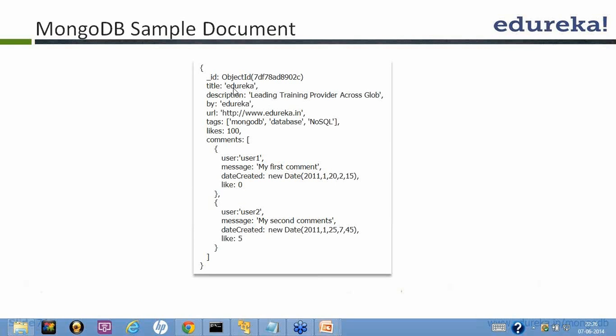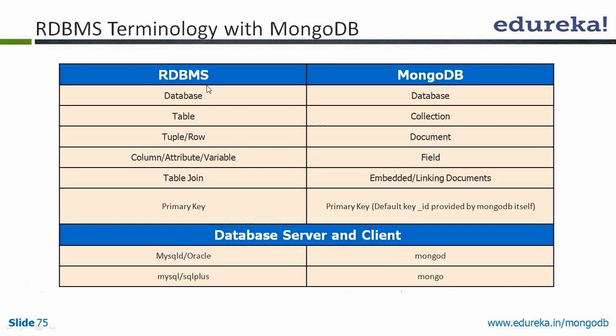Is that fine at this stage, guys? Let me proceed and I will make sure that everybody will understand what a document is, how it looks, how we can create a complex document, and how to use those documents in MongoDB. Just at a high level, documents will look like this.